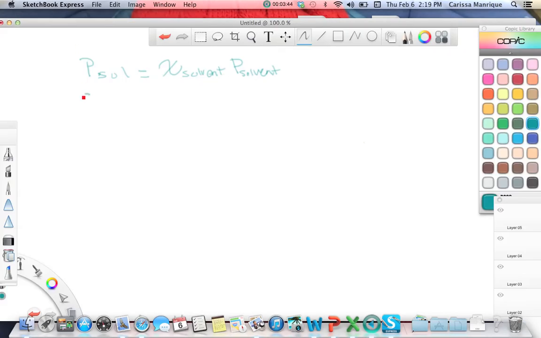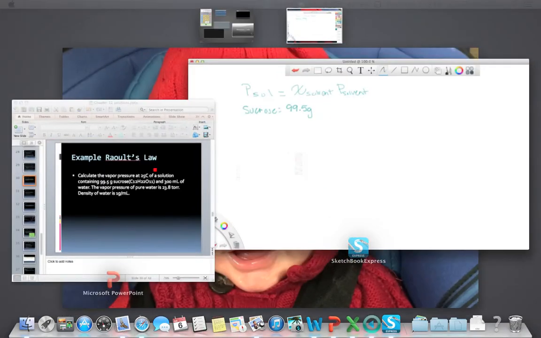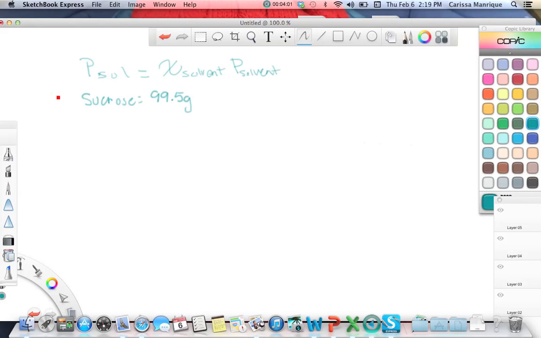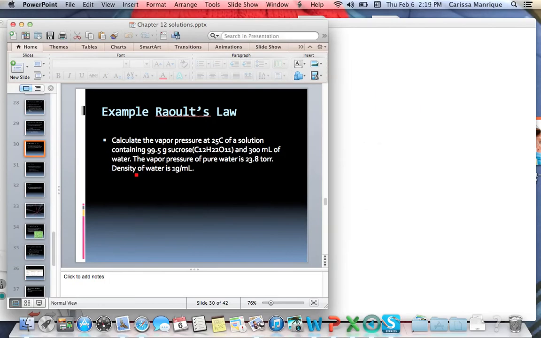So we have sucrose equals 99.5 grams, and we have 300 milliliters of water, H2O. That's our solvent, the one doing the dissolving. The sucrose is our solute, what we're mixing in there. The original pressure of pure water is 23.8 torr, and the density of water is 1 gram per milliliter.